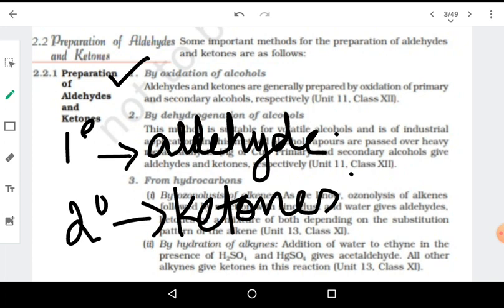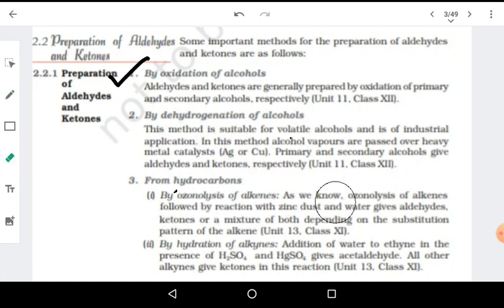This is what you have studied. Second process is dehydrogenation of alcohols. Now how can you carry out dehydrogenation? By using copper. That is nothing but removal of hydrogen, or oxidation itself. So the same process is going to happen. The primary is going to convert into aldehyde and secondary is going to convert into ketone.